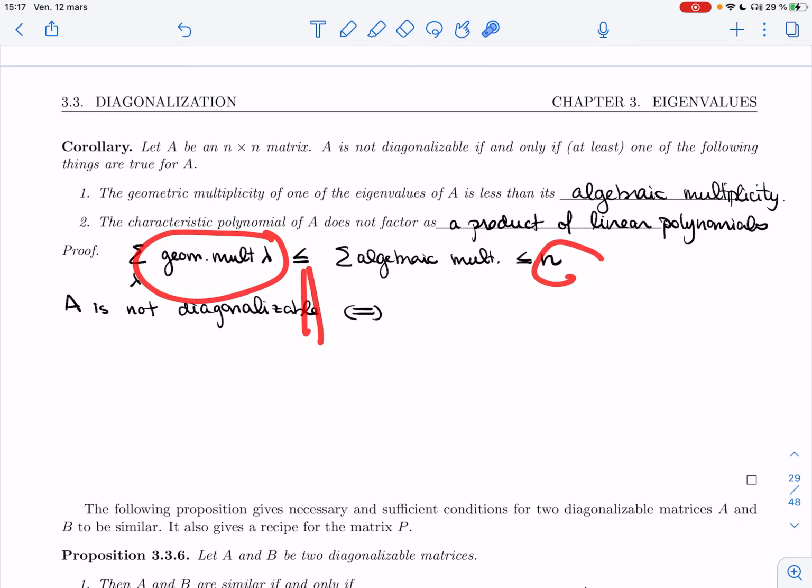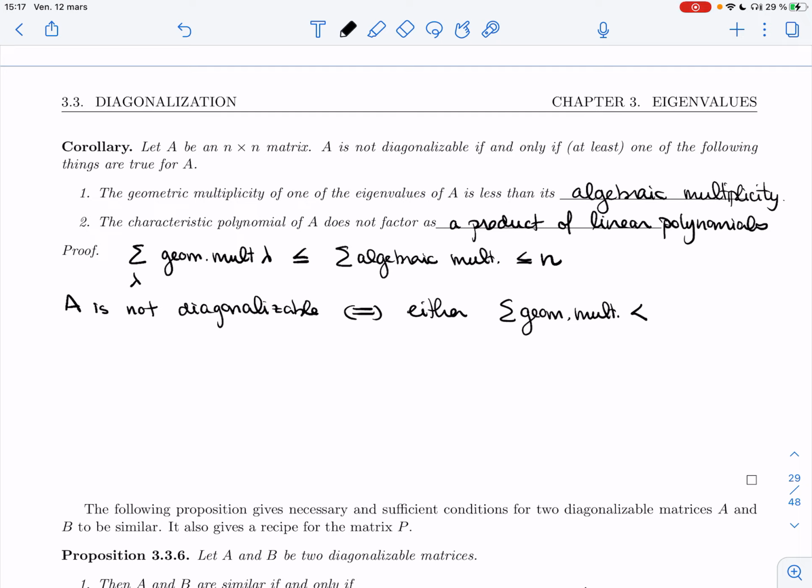So either this one or that one are not equal. So either the sum of the geometric multiplicities is less than the sum of the algebraic ones, or the sum of the algebraic ones is less than n.